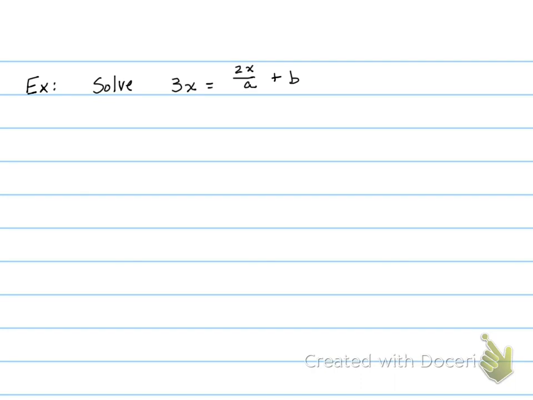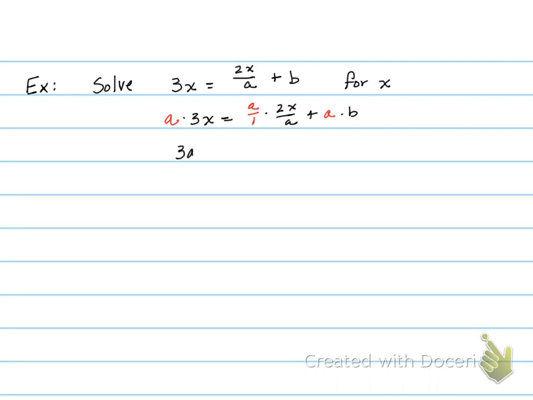Get rid of the fraction, clear the fraction. So I'm going to multiply both sides by a. So I have a times 3x equals a over 1 times 2x over a. Oh, I didn't write 4x up here, sorry. Plus a times b.